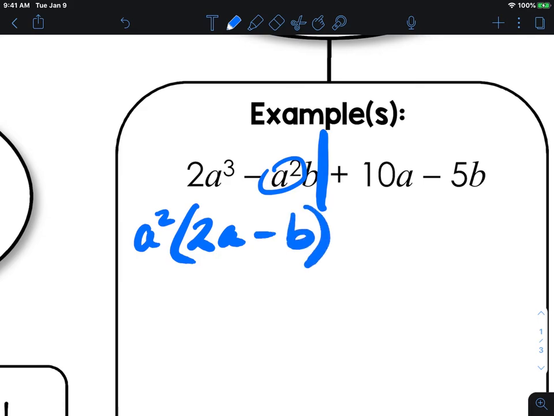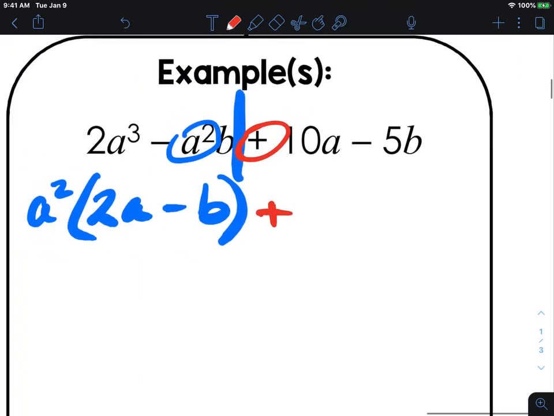All right. Now, left side, take the sign. All right, what's in common? 10a minus 5b. Well, 5 is a factor of 10. 5 is a factor of 5, so I'm going to factor out a positive 5. And I'm going to write down what's left. 5 times what is 10a? 2a. 5 times what is minus 5b? Minus b.